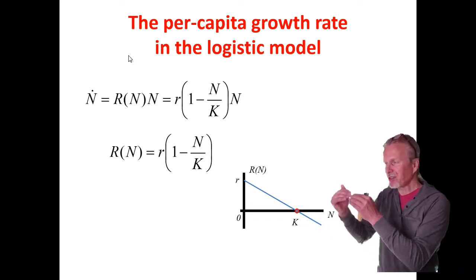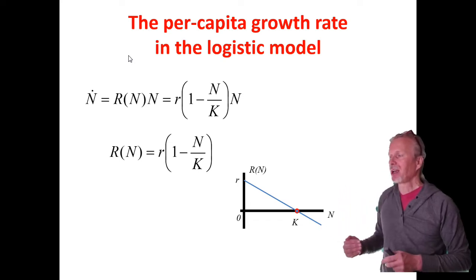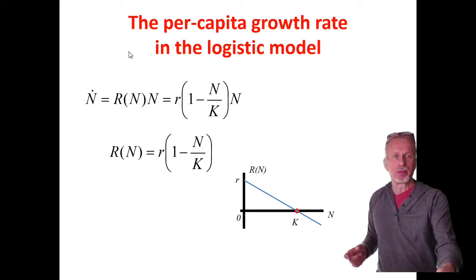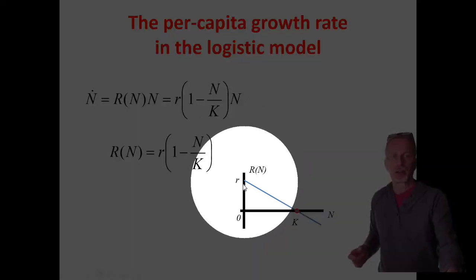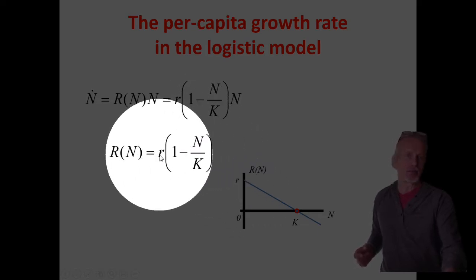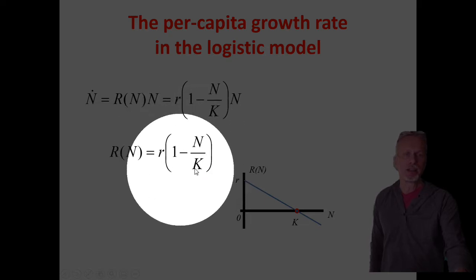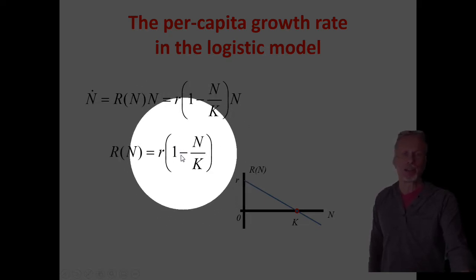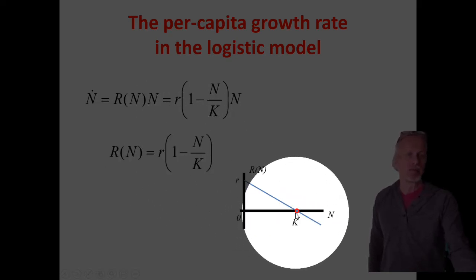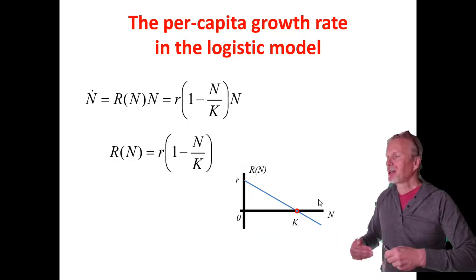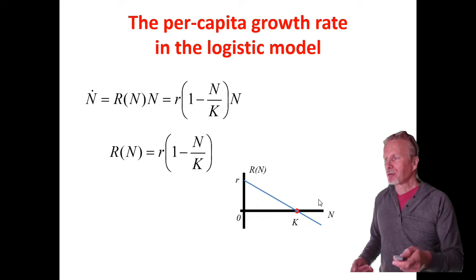It's the equation of a straight line that for N equal to 0 is equal to little r, and for N equal to K, the term in the parentheses is equal to 0. And so for N equal to K, the intrinsic per capita instantaneous growth rate is equal to 0.